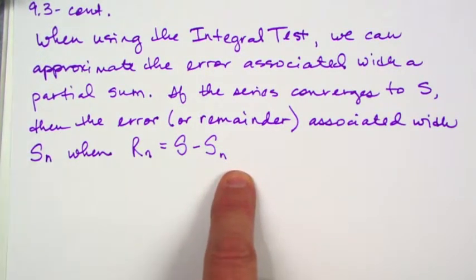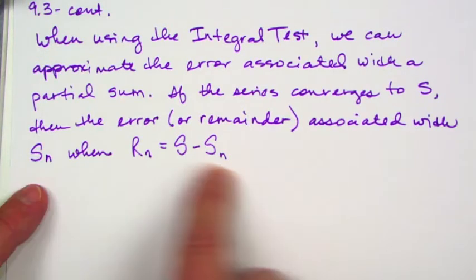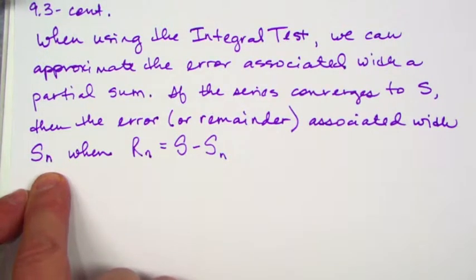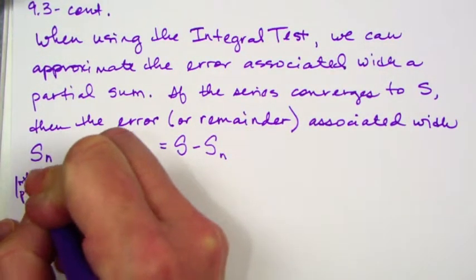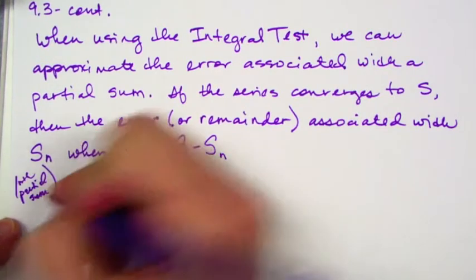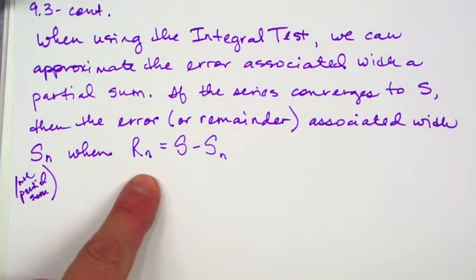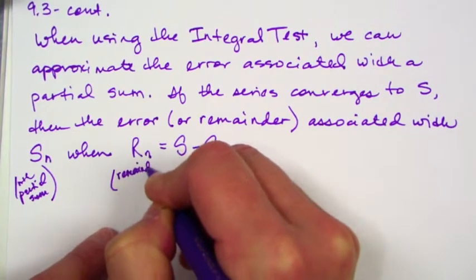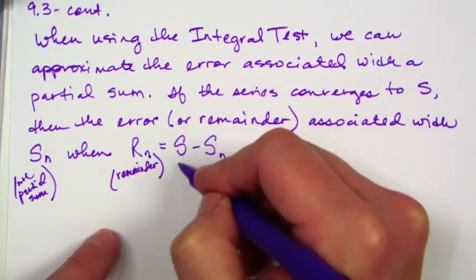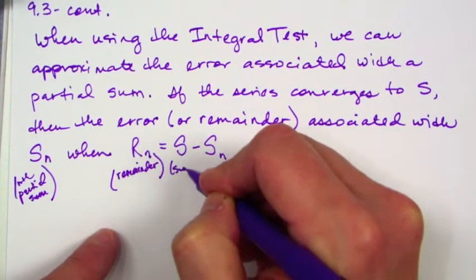Okay, so let's just be clear on what we're talking about there. The S sub n would be the nth partial sum. R sub n is the remainder associated with that nth partial sum. S is the actual sum.